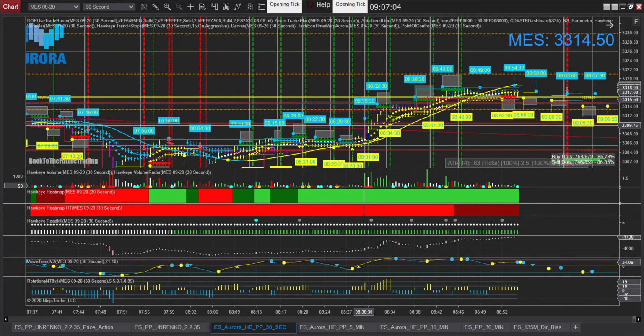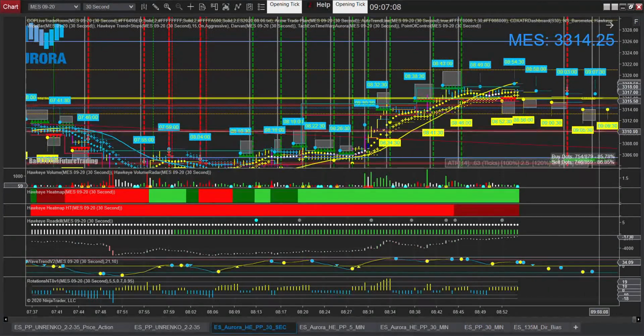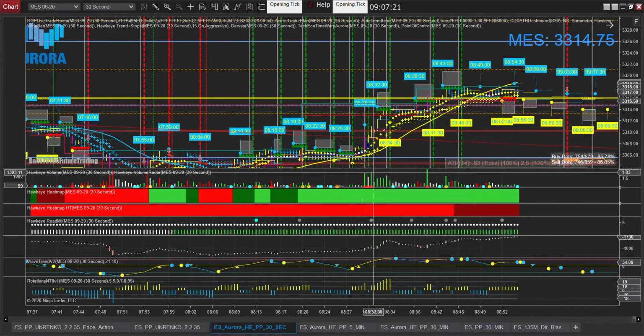You get a huge spike. This bar is starting at around 3306.25. So it's about 4 points in a few seconds, which is pretty big compared to the price action we had in the half an hour before.